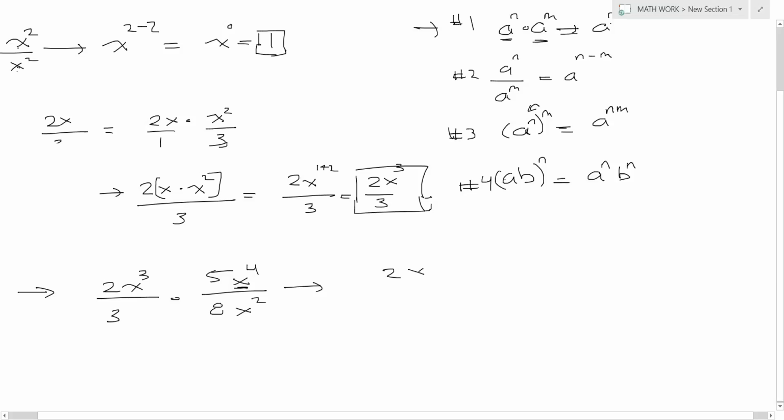So we can keep 2x cubed consistent for now, and just handle these guys right here. So we have 5 over 8, and along with it, x to the fourth minus 2. So 2/3 x cubed times 5/8 x squared, right?